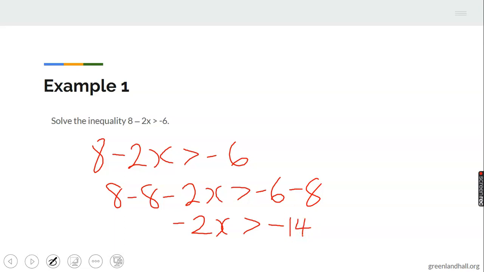And then you are dividing through by minus 2. That is x. Since you are dividing through by minus 2, definitely x will be less than 7, because you are dividing through by a negative number. So that is the solution.